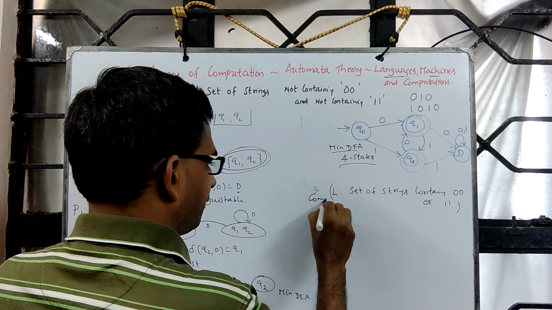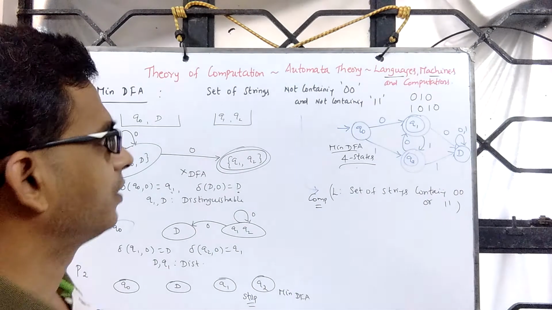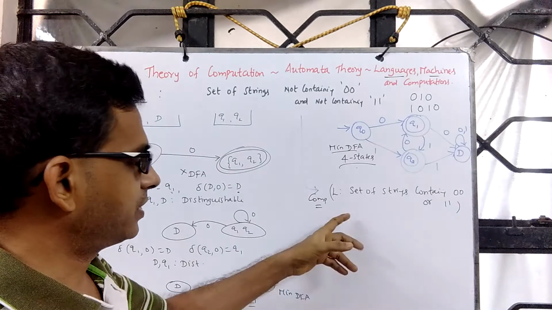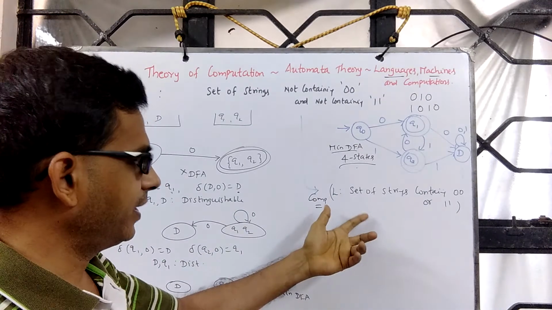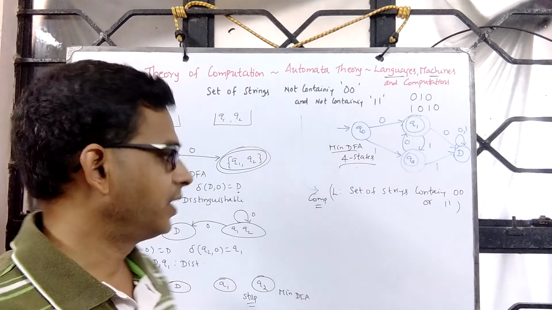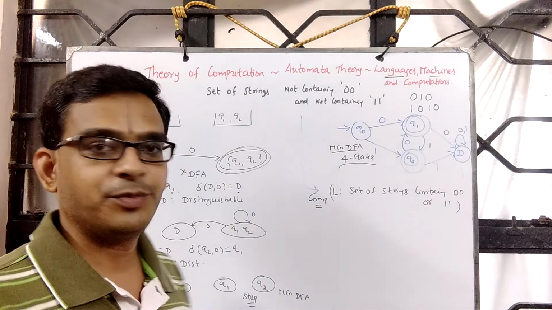So the complement of this language is precisely what we need. Let's try this approach and see whether we are really getting a minimum DFA through this procedure. If not, let's employ our strategy and obtain a minimum DFA.